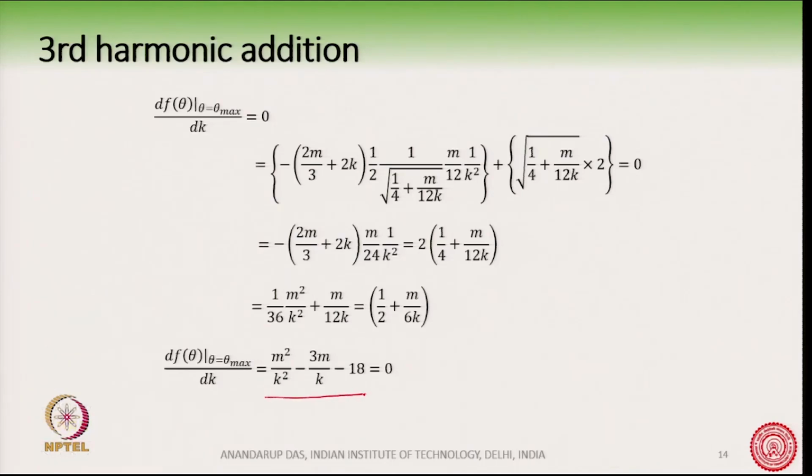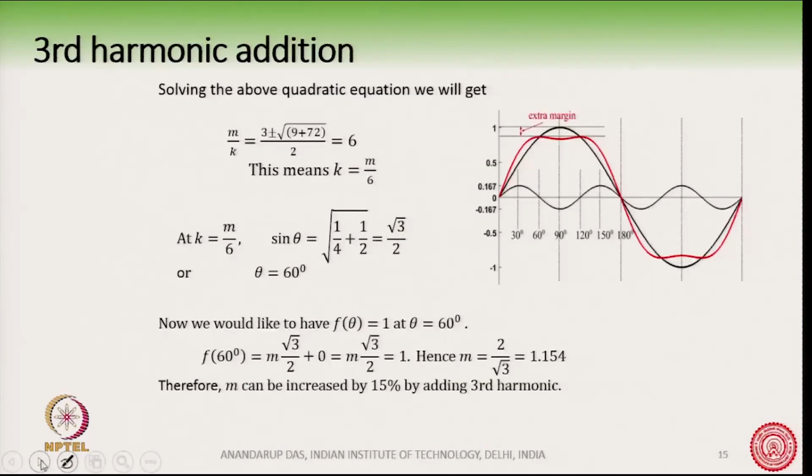This is the expression which gives us the value of k. By solving this equation we see that m by k is equal to 6, which means k equal to m by 6.